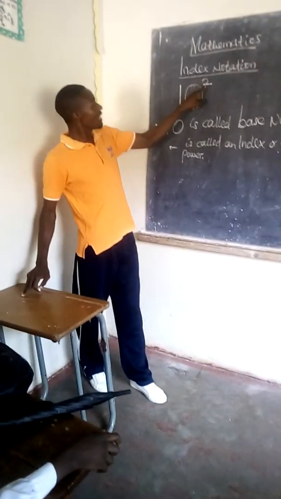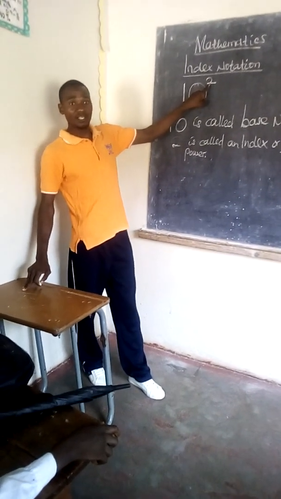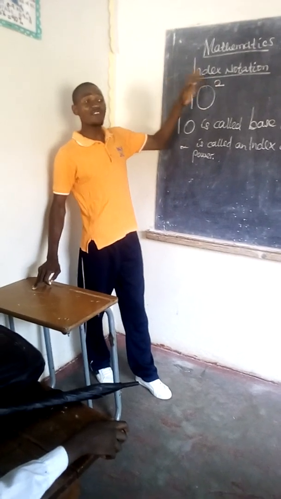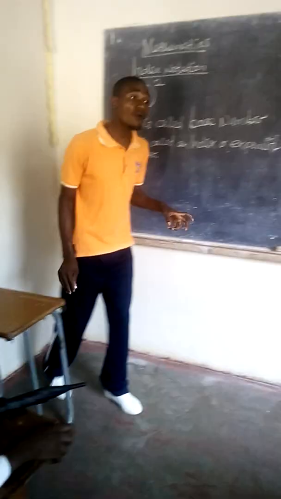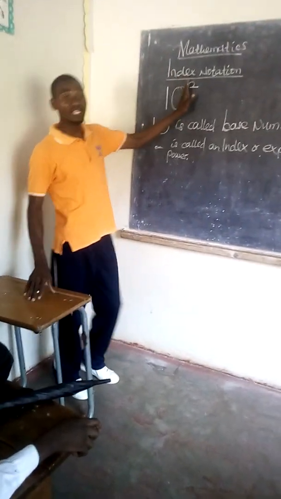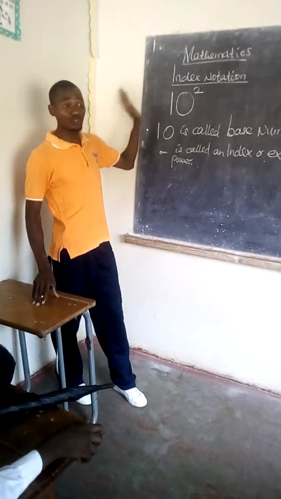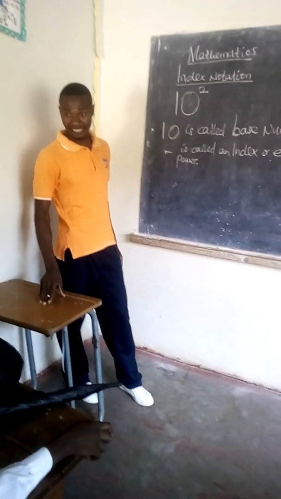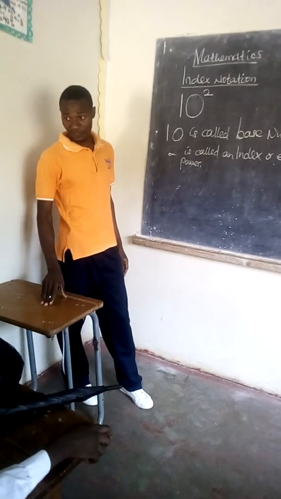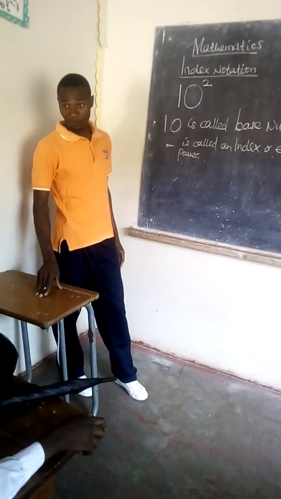Whether the number on top is 2, 5, or whatever, the base has to be multiplied by itself according to the number on top, which is called the index. Hope it is understood.